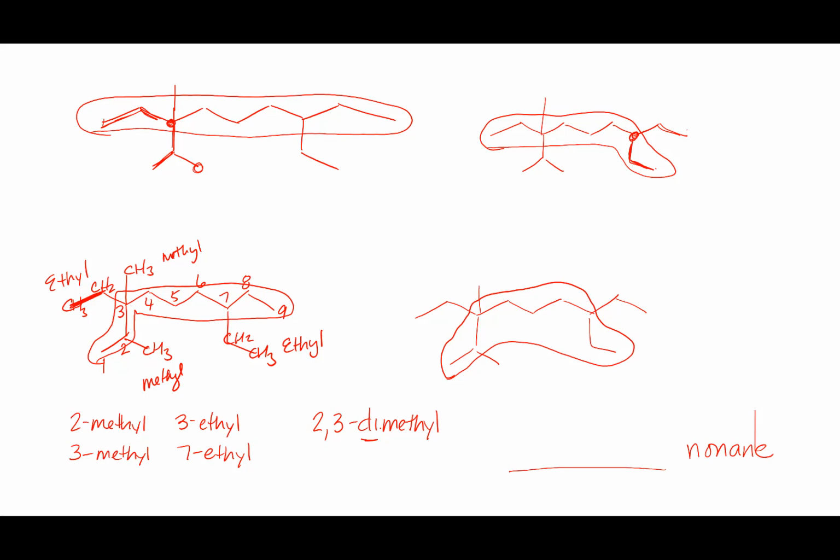Now another mistake that people will make initially is they will have 2 numbers but only 1 methyl, or they'll either have two numbers without the di, or they will have the dimethyl and only have one number. There needs to be two numbers, even if the number is the same. Okay.